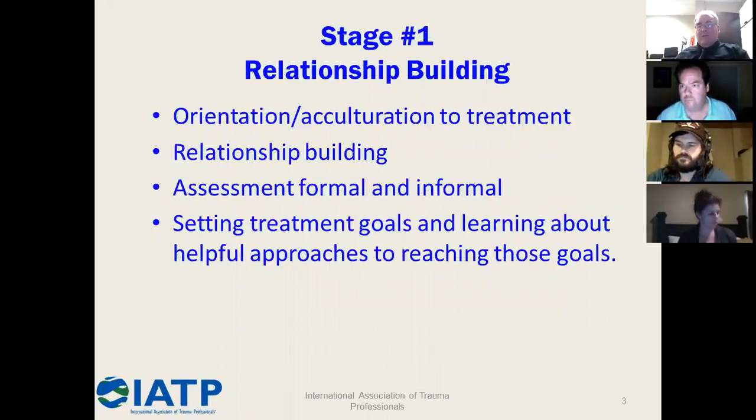So generally, when we start talking about the relationship building phase, our goal is to make sure that whatever we do accomplishes a couple of basic things. First and foremost, that it gets us connected to the client.